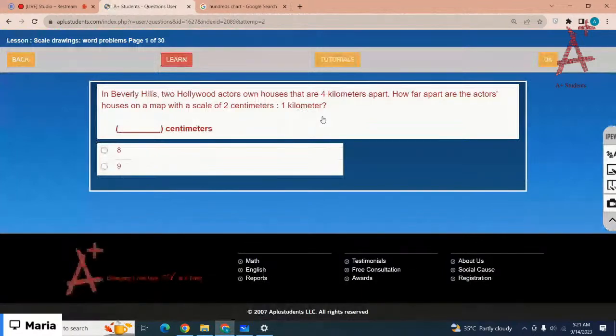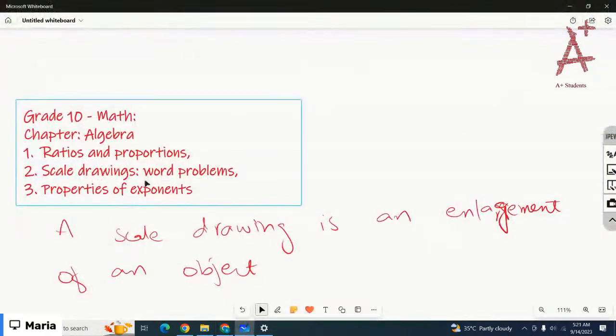In Beverly Hills, two Hollywood actors own houses that are 4 kilometers apart. How far apart are the actors' houses on the map with a scale of 2 centimeter to 1 kilometer? You are given the scale, that is 2 centimeter to 1 kilometer, right?